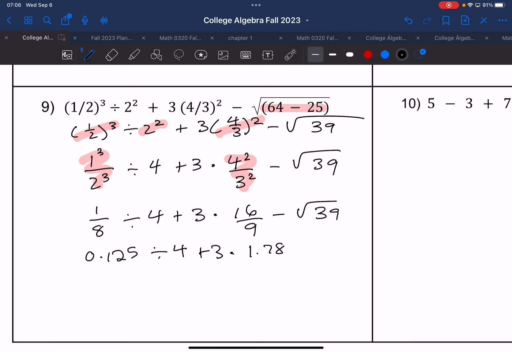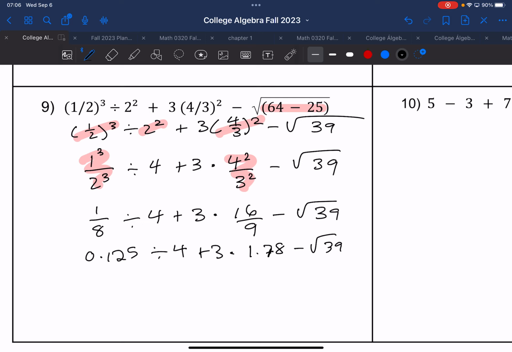And sometimes when you round too early, you're not going to get the exact answer at the end. So I'm choosing to turn these into decimals on my, what is this, my 4th step. But I'm going to keep that square root of 39 for now.